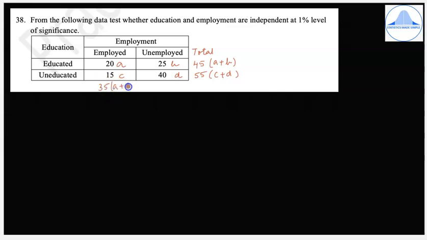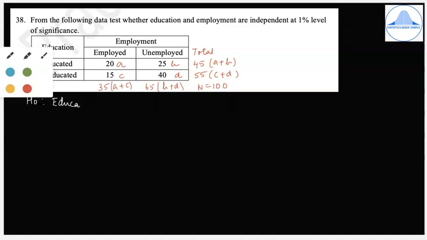A plus C, and then 25 plus 40 is 65, B plus D. So when we add 45 and 55 and 35 and 65, we will get capital N as equal to 100.